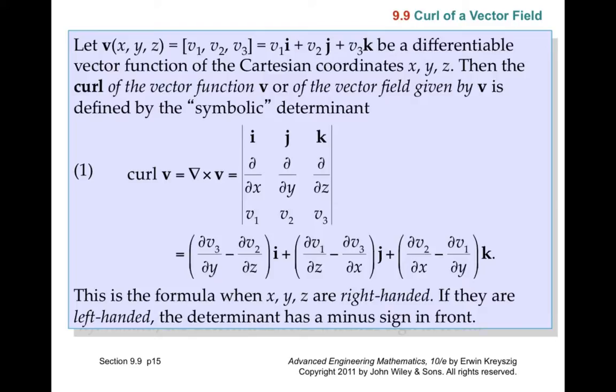So the classic example in electromagnetics is the relationship between the magnetic field and the current. If you have current flow, there are magnetic field lines that wrap around the current flow. If you have a magnetic field, there are current density flows that wrap around the magnetic field.